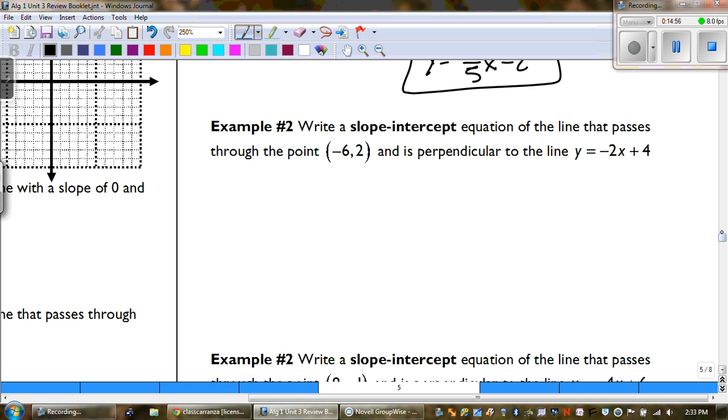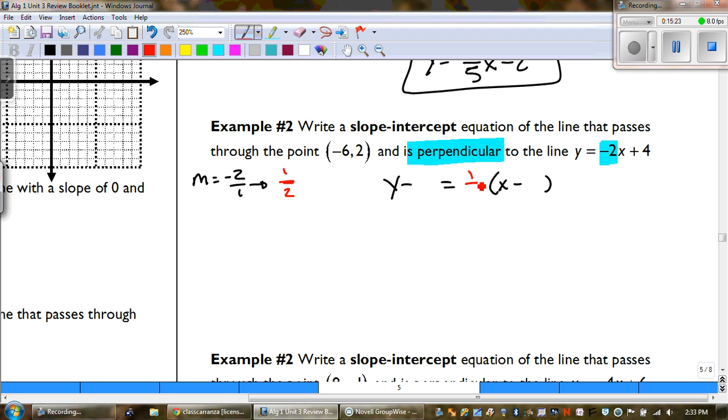Okay, so in example 2, write a slope-intercept equation of a line that is perpendicular, you should be going over here, taking your slope, which is -2/1. I want the opposite reciprocal. Okay, and now after we do that, we plug in.